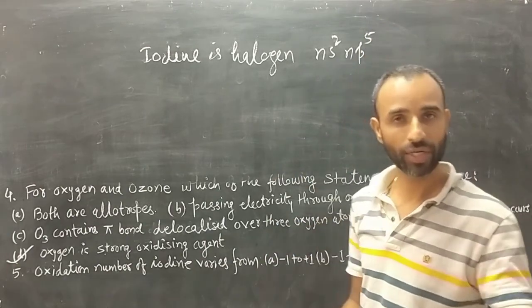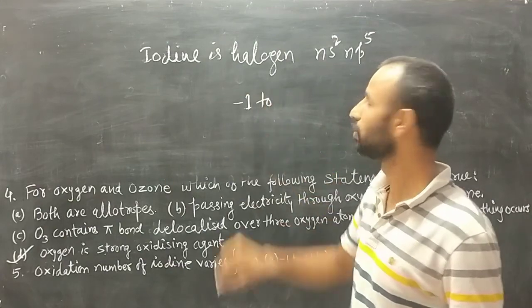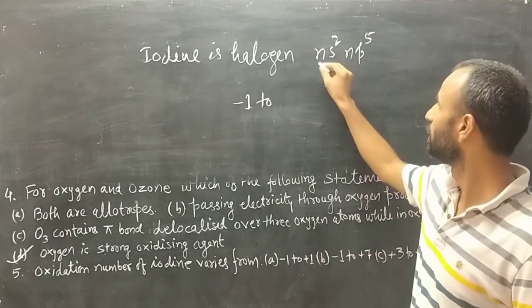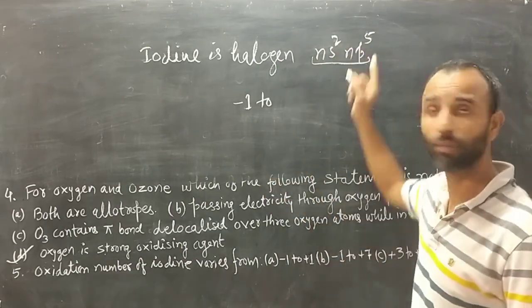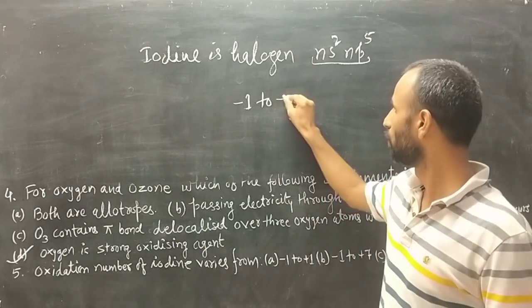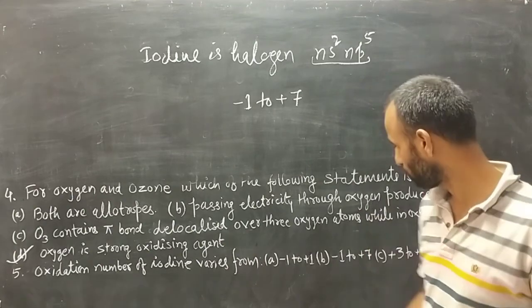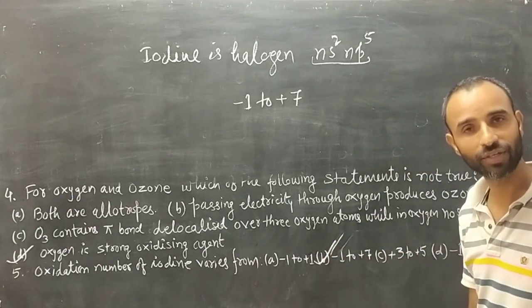So it gains one electron to complete its octet, so the minimum oxidation number is -1, and it can lose a maximum of 7 electrons, 2 plus 5, right? Because it has 7 valence electrons. So the maximum oxidation number is +7. So it varies from -1 to +7, right?